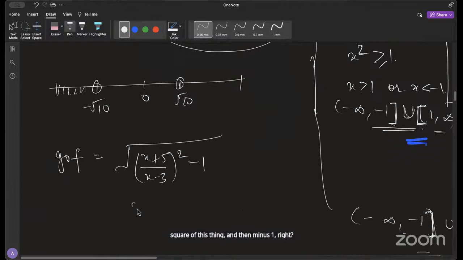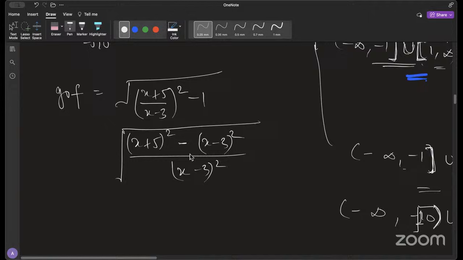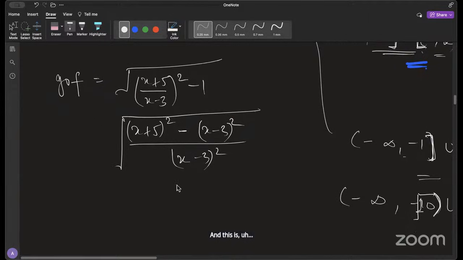So when you solve this, you have (x plus 5) squared minus (x minus 3) squared by the square root of (x minus 3) squared. And there's a formula for this: a square minus b square is (a minus b)(a plus b), right?